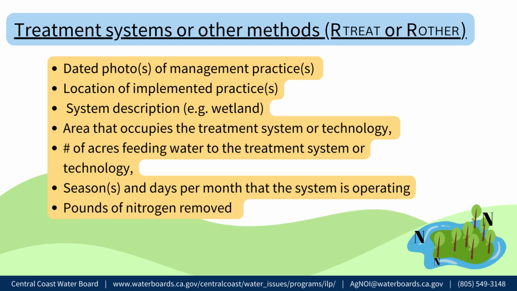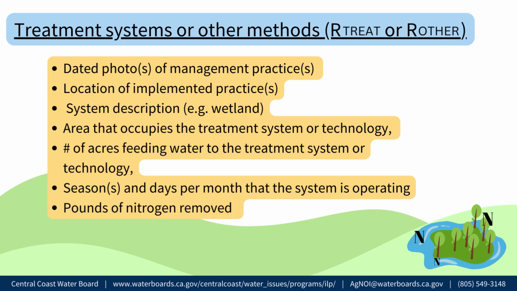To claim a credit for these types of systems, growers should keep records on dated photos of management practices, location of implemented practices, the system description, for example, is it a wetland, bioreactor, new technology, etc., the area that occupies the treatment system or technology, the number of acres feeding water to the treatment system or technology, and the seasons and days per month that the system is operating.